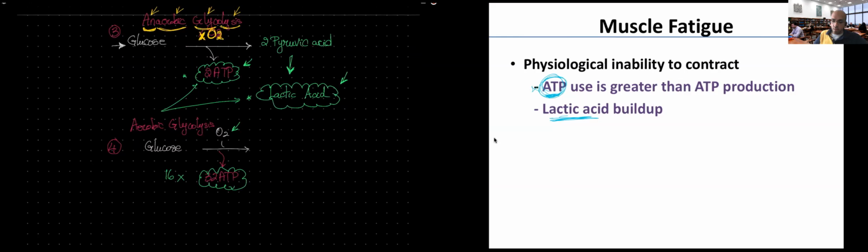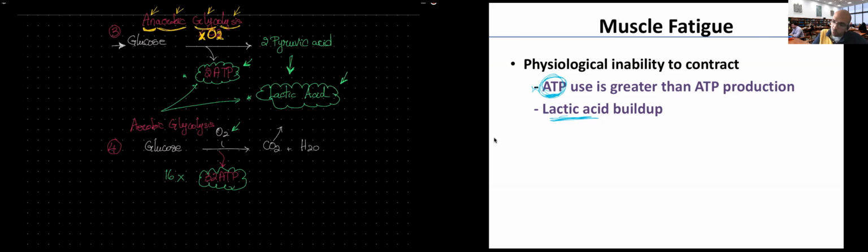Another thing that you're going to benefit from breaking down the glucose in the presence of oxygen is that you're not accumulating something that will cause the irritation of your muscles. So running a marathon, giving your muscle cells adequate time to break down the glucose in the presence of oxygen, will allow you to build up carbon dioxide and water.